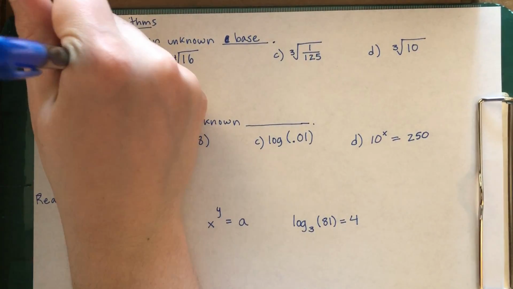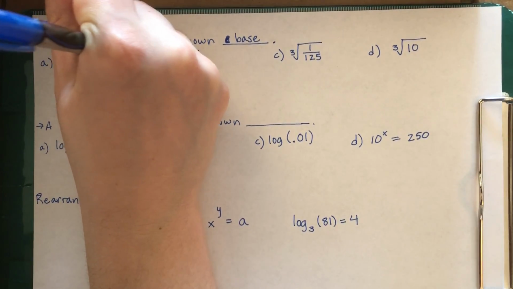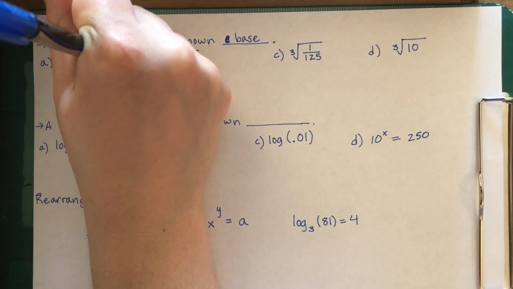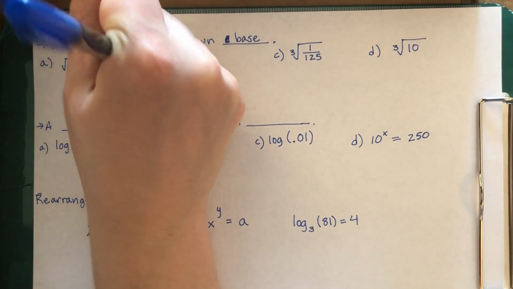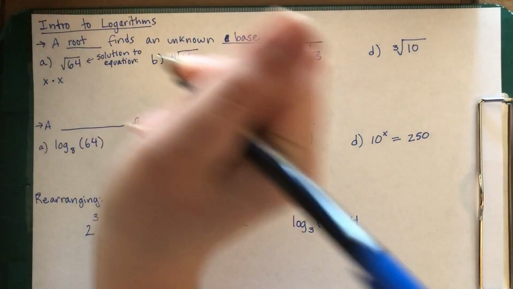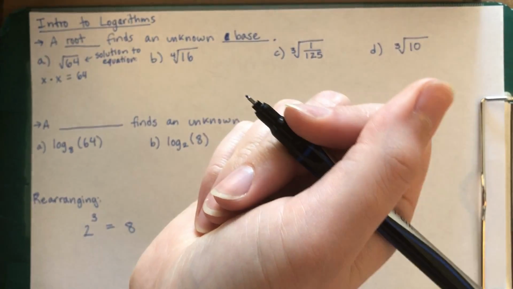So this is the solution to the equation. What number times itself would equal 64?